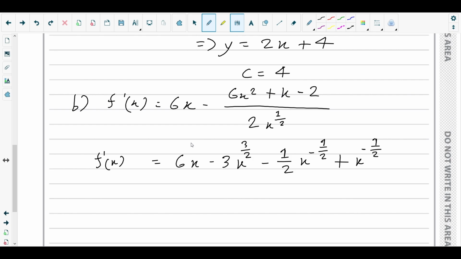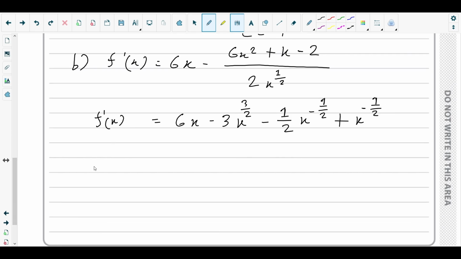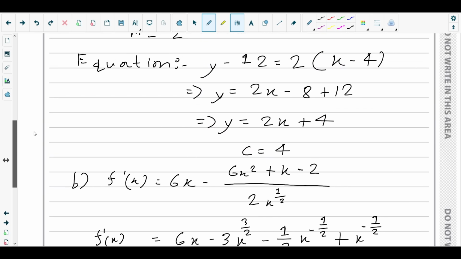Okay, so what we need to do next is integrate it, right? To get f of x we need to integrate f dash x. So f of x equals the integration of f dash x with respect to x. So f of x would be equal to the integration of 6x.